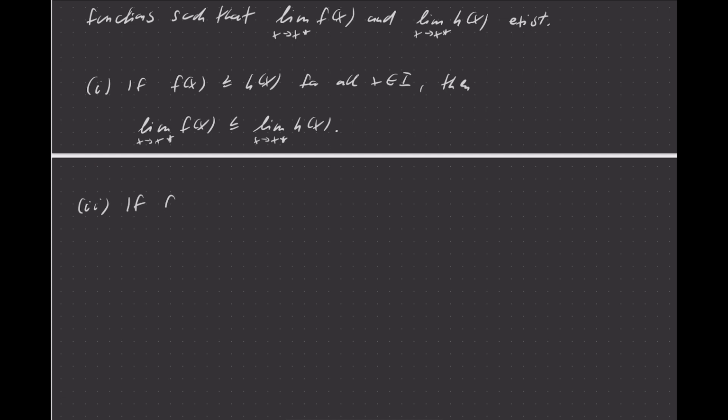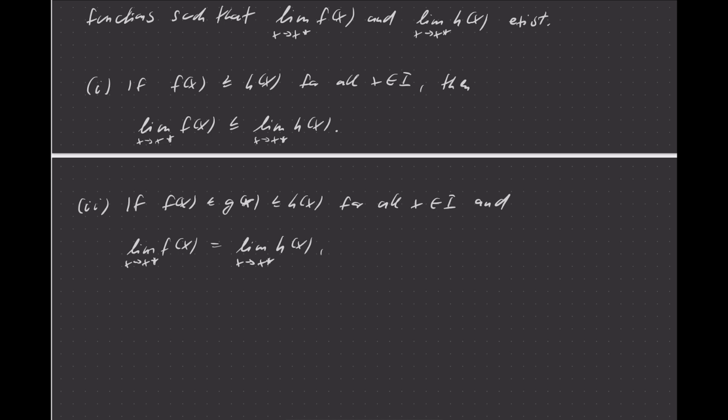If in addition to that, f of x is less or equal to g of x is less or equal to h of x for all x in I. And if the limits of f and g and h coincide, so if in addition the limit of f of x as x tends to x star is equal to the limit of h of x as x tends to x star, then the limit of g of x as x tends to x star exists.